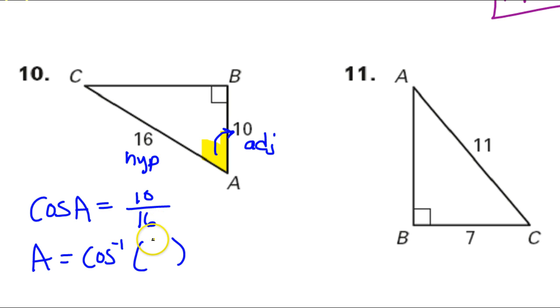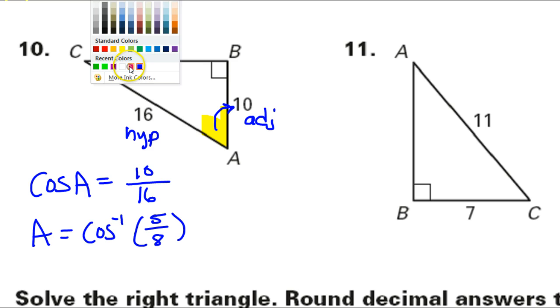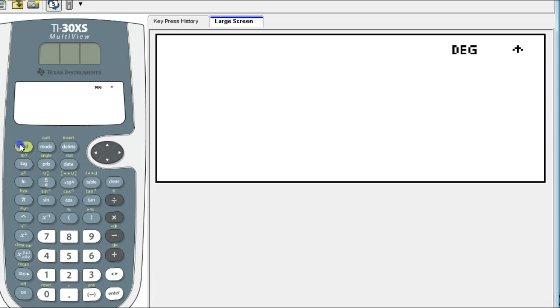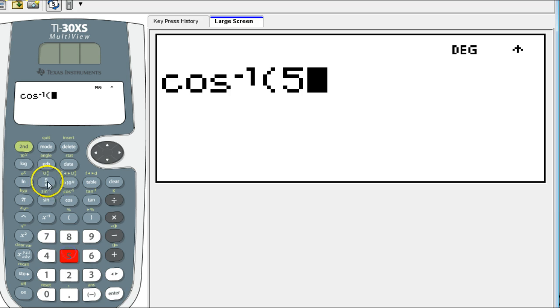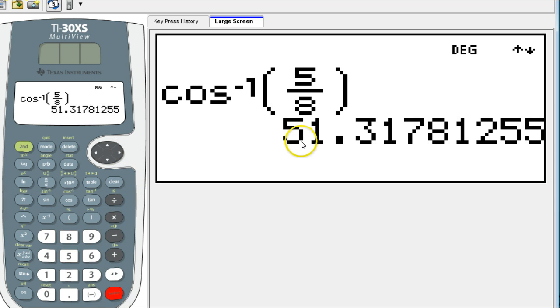I'm going to go ahead and just reduce this down to 5 over 8, just because I can. Sometimes that's convenient. And then, and only then, can you go ahead and write the final answer. So, angle A, inverse cosine 5/8. So, second cosine 5 over 8. So that is 51.3 degrees.